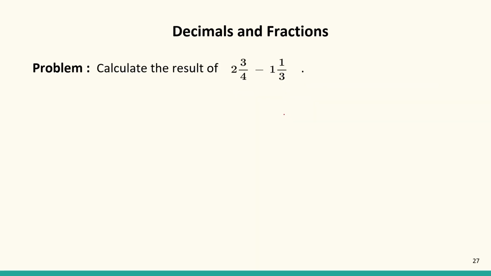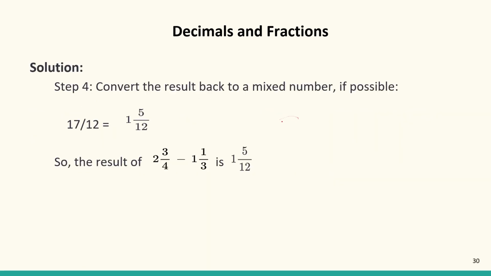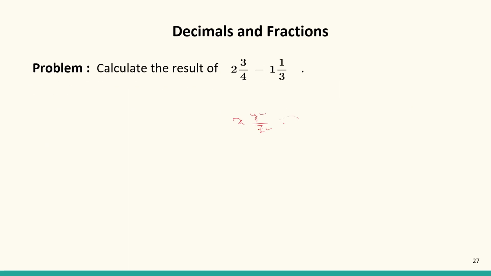Let's get an example on this. How do we convert a mixed number into a fraction? If we are given x as the whole number part and y by z as the fraction part, with numerator y and denominator z, we multiply z into x, then add y, and keep the denominator z.